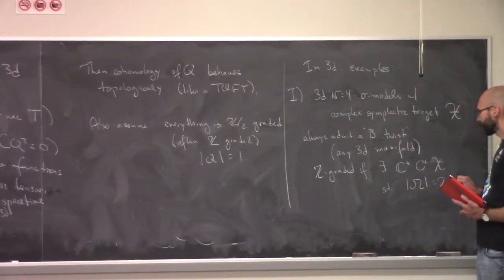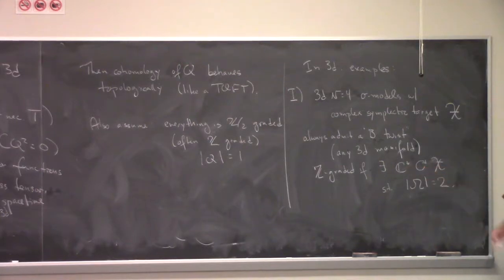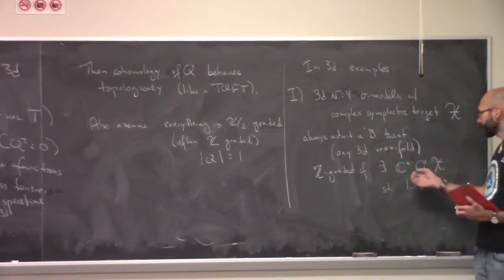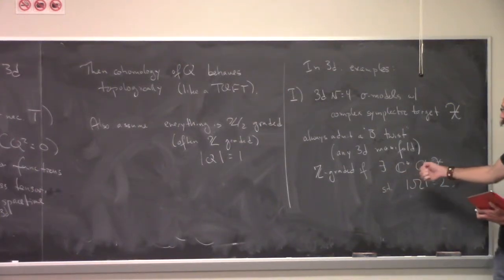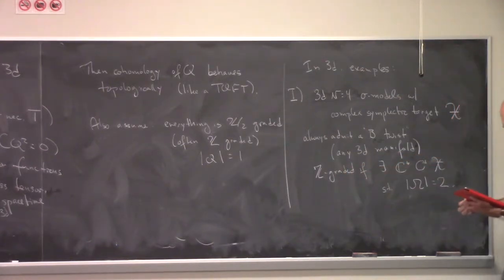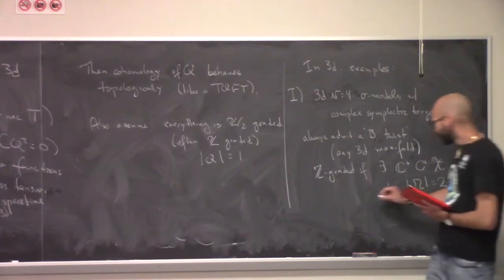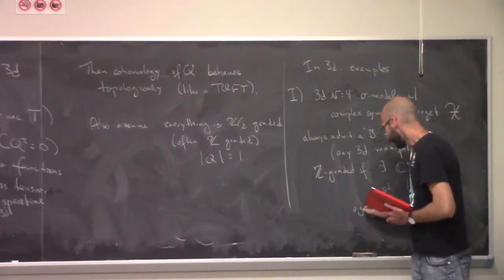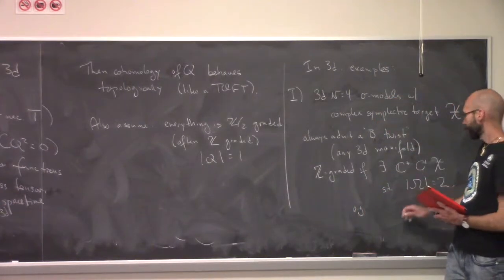And then one has to use this extra symmetry to lift this Z12 grading that's always there to a Z grading. So, for example, cotangent bundles are of this type.